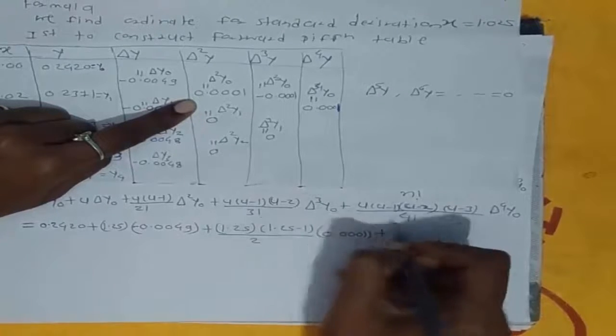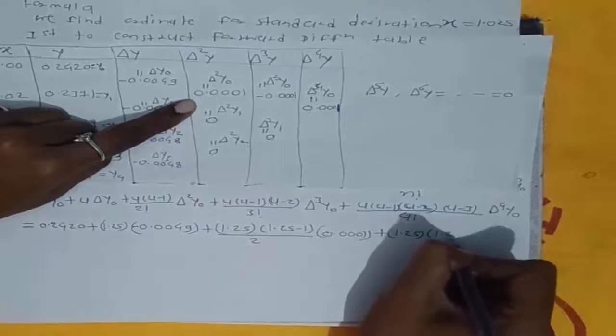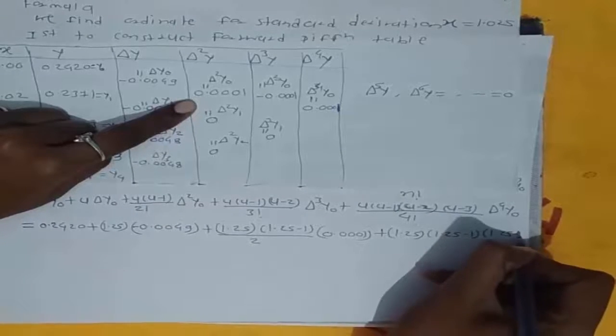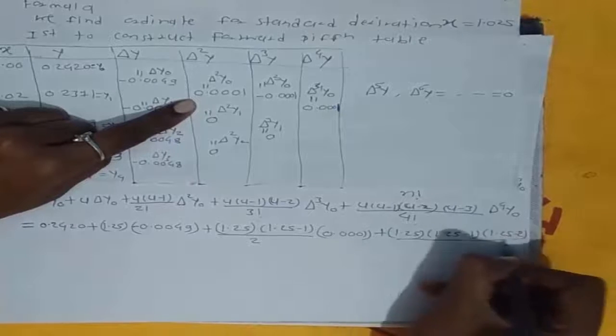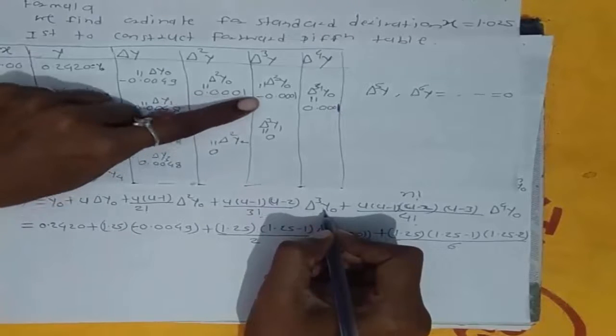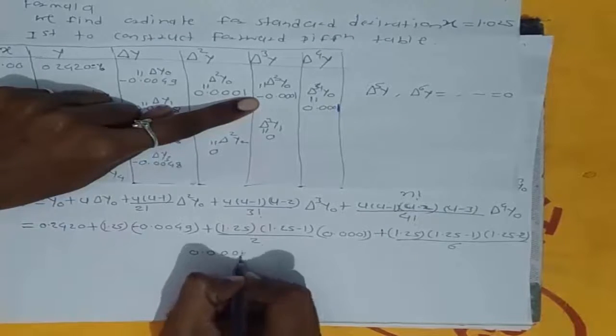Okay, then again we put here u is 1.25 into 1.25 minus 1 into 1.25 minus 2 divided by 3 factorial, that is 6, and into delta cube y0 will be this, 0.0001.